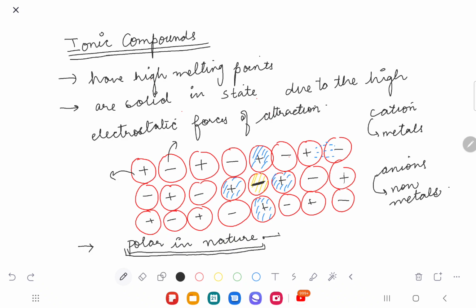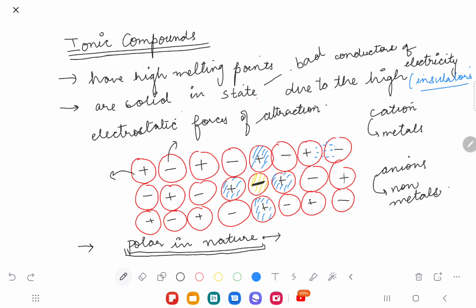And because they're polar in nature, in the solid state, since the ions are not free to move, they are bad conductors of electricity. Have we discussed that? And bad conductors of electricity are also called insulators.